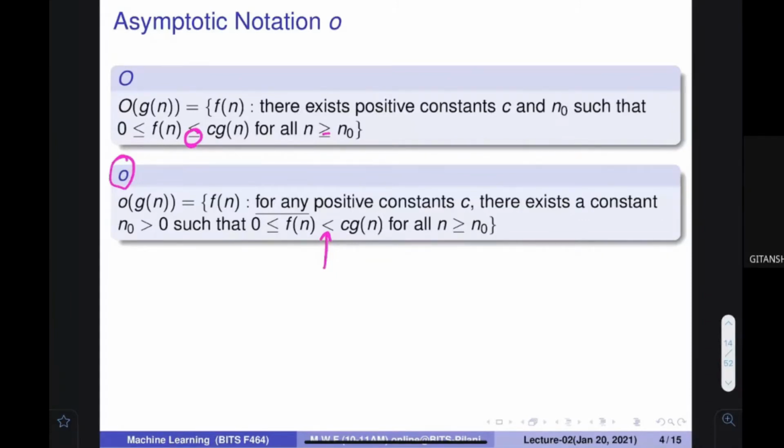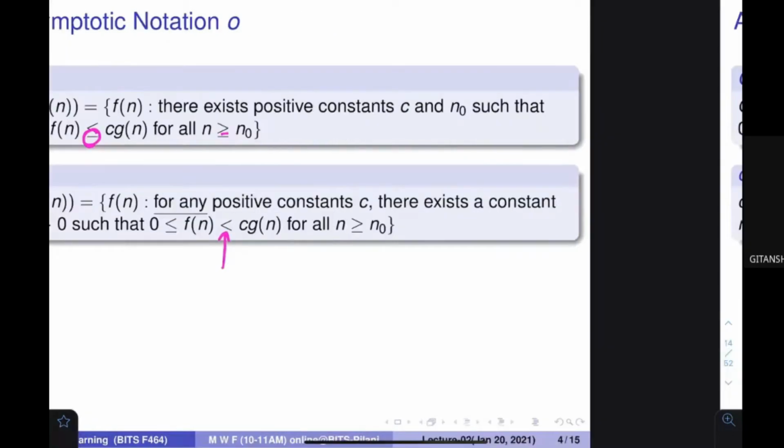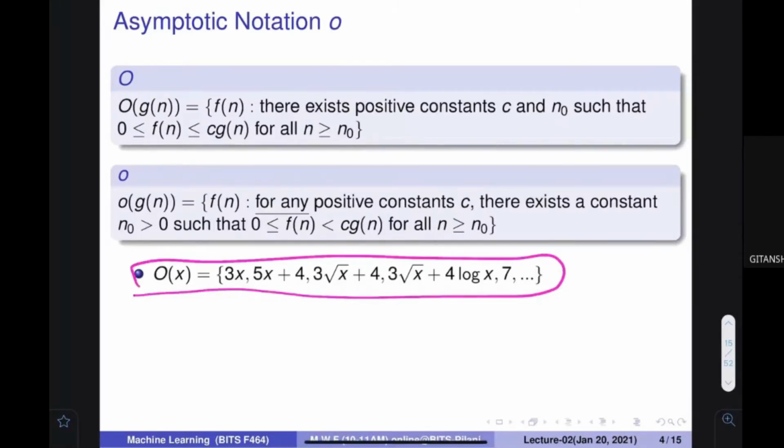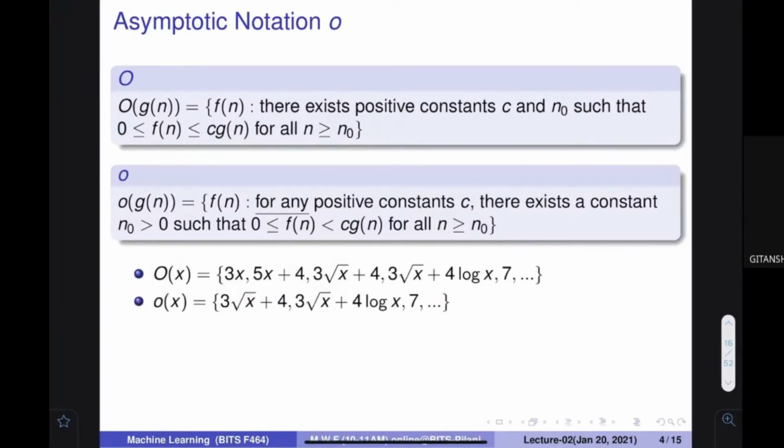Then this particular set becomes small o. Into the big O, we have just recently seen this set. So what is the small o? Into the small o, this term would vanish. This term would not be there, because here is the equality. They are of similar nature. Only I need the items which are actually smaller.